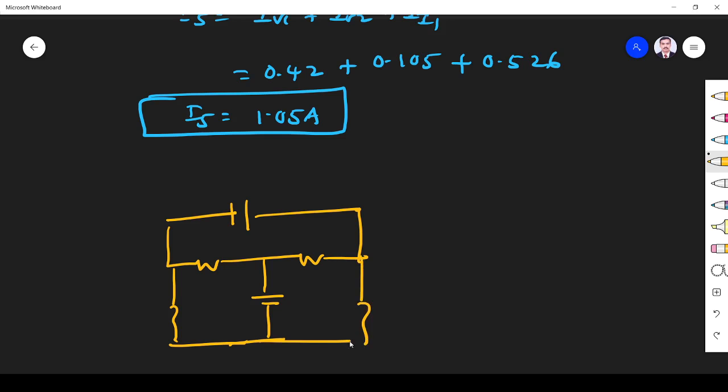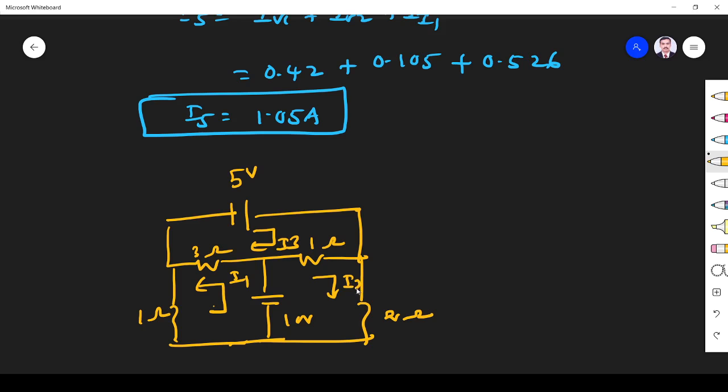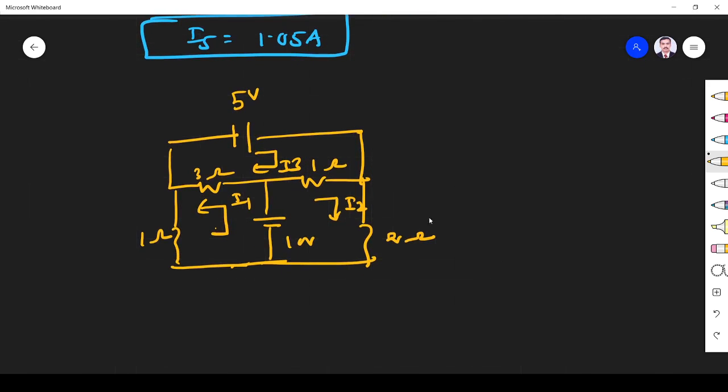Here we have 5 volt, 3 ohm, 1 ohm, I3, I1, 1 ohm, 10 volt, and here it is 2 ohm, I2. This is what they have given, and they ask us to find the current through the 2 ohm resistor.